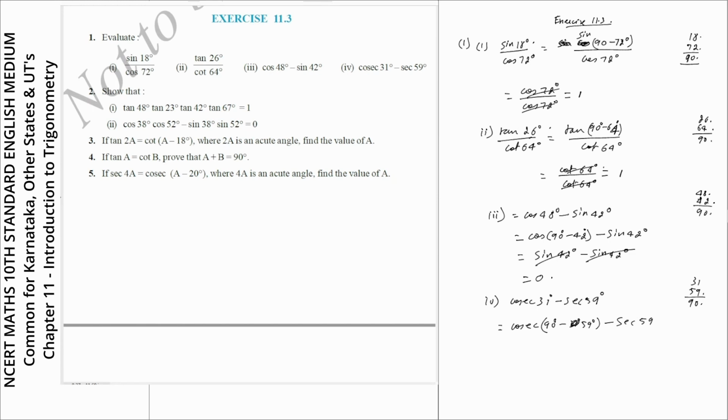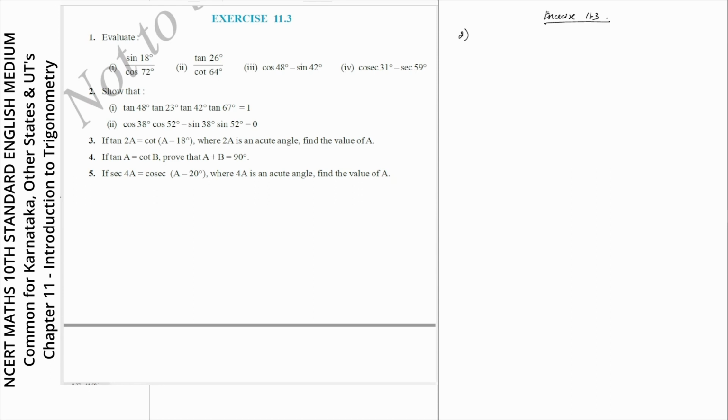Now cosecant 90 minus 59 is secant of 59 degree, minus secant of 59 degree. Both will get cancelled. I'll get 0 as the answer.